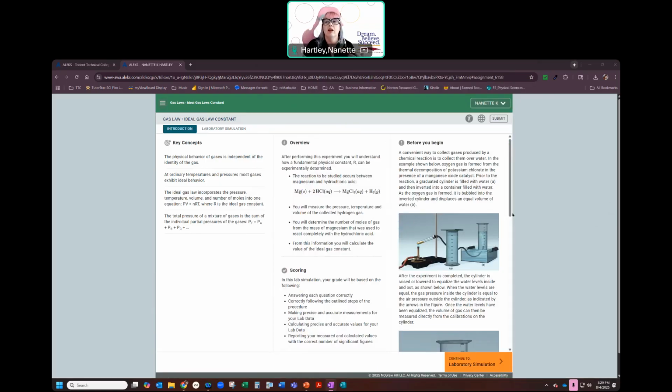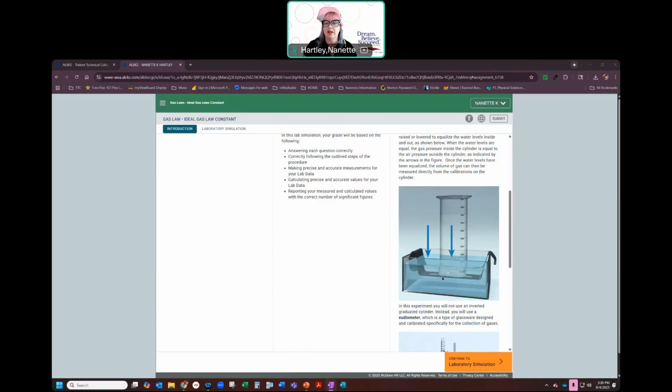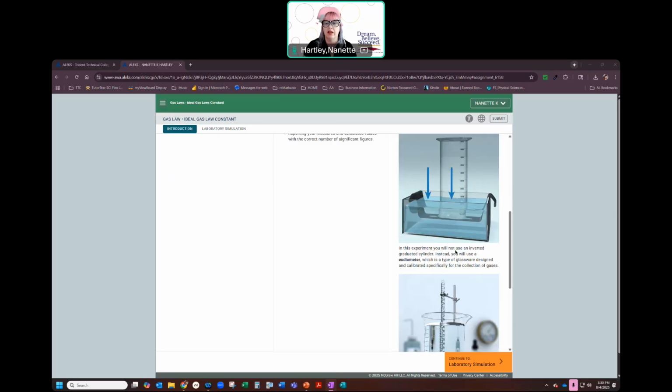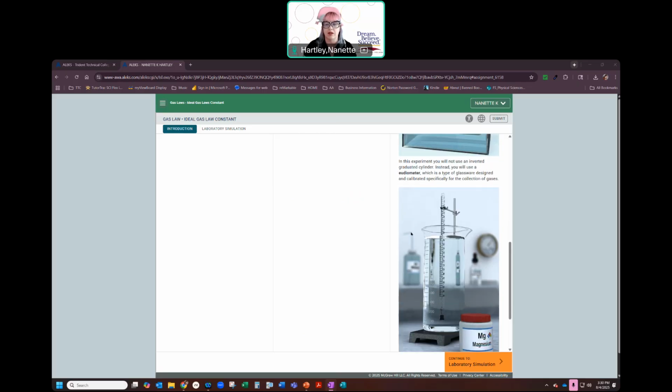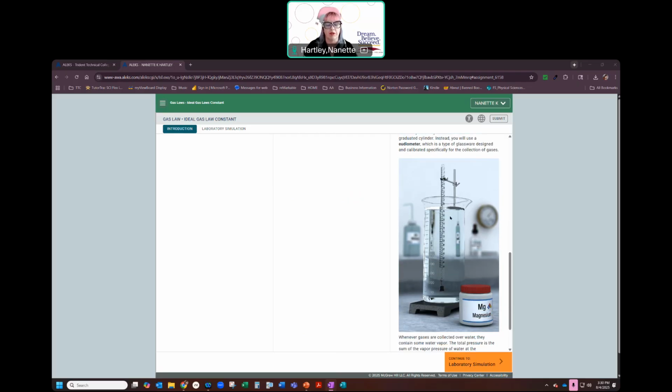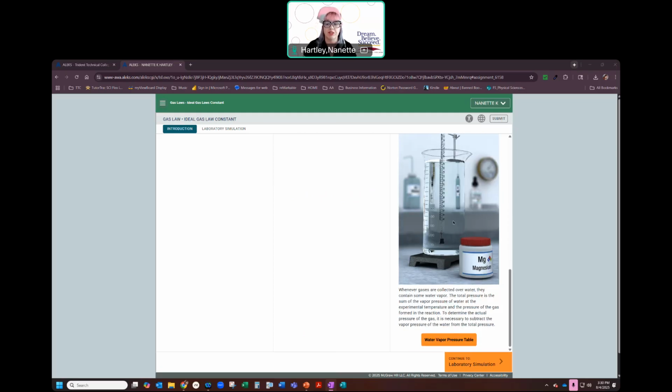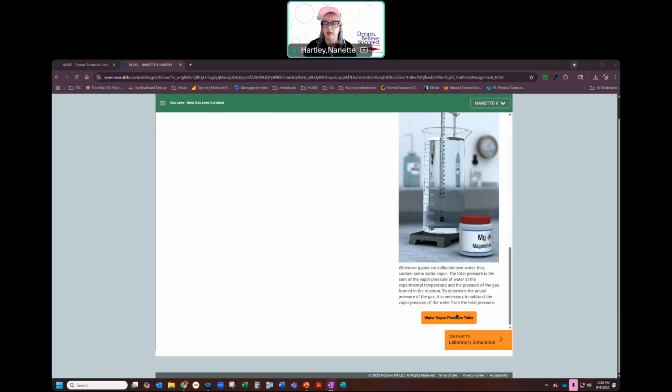Okay. Now, if you scroll all the way down in the before you begin, it talks about how we collect the gases and the fact that there's water vapor pressure in here, and we have to use the eudiometer, I think is how that's pronounced. Don't quote me on that. That contains the water vapor pressure too, so we have to do a correction for that. They show you the water vapor pressure table.